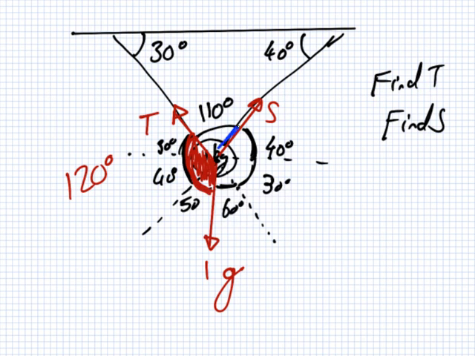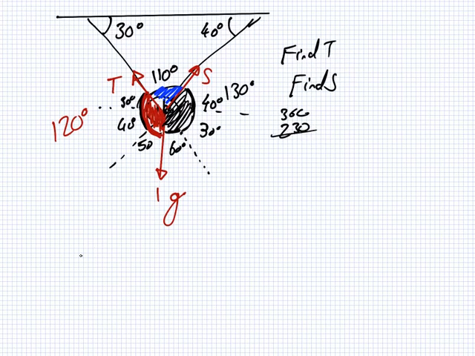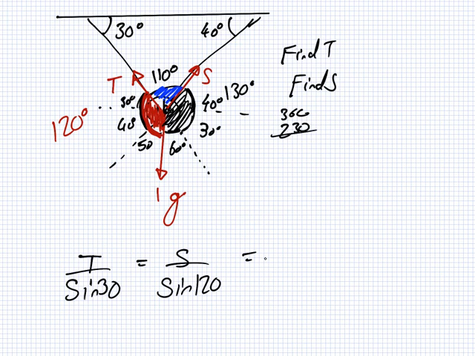And this one here is 110, so that is 230. So this angle here is 130. So we can say T over sine 130 equals S over sine 120 equals 1G over sine 110.